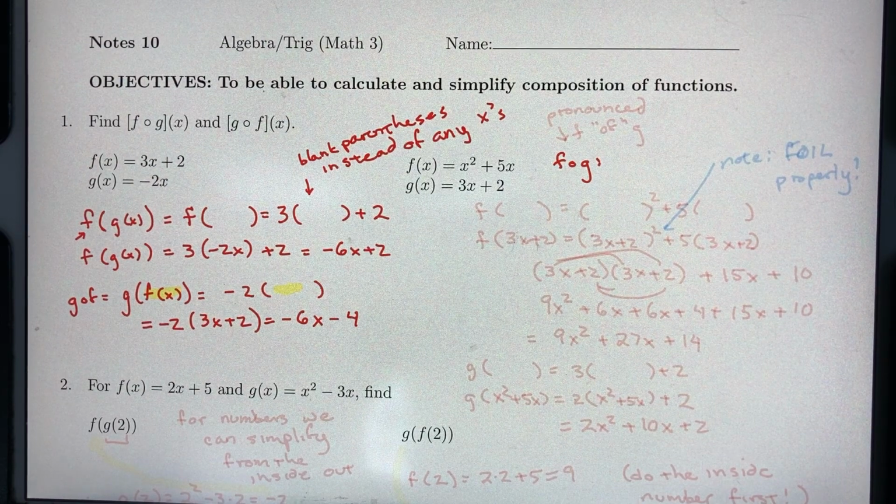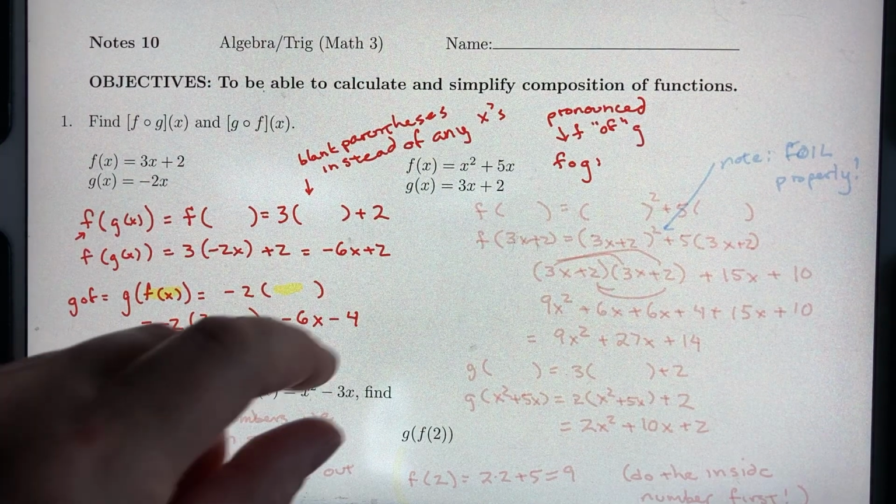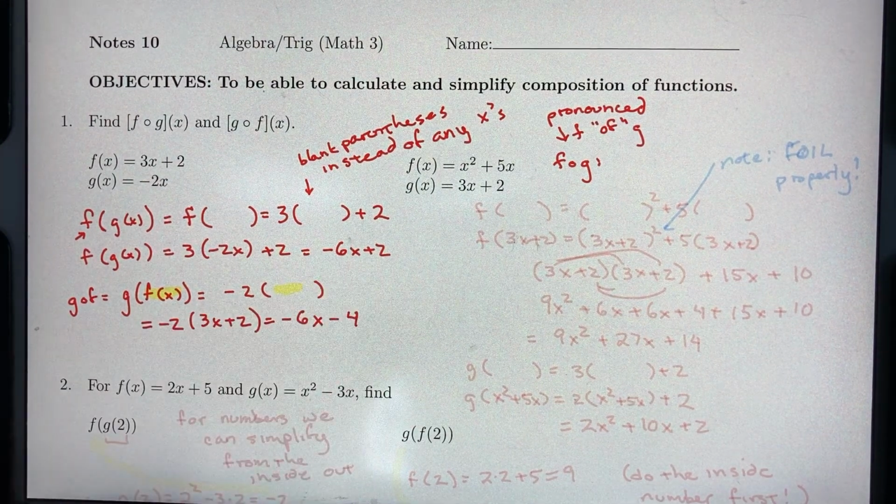So let's just note that it's pronounced f of g. Okay, so f is the template. I'll just write it down as a template. f of thing is thing squared plus 5 thing.